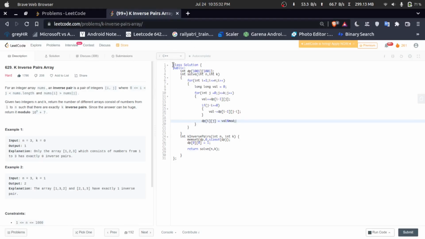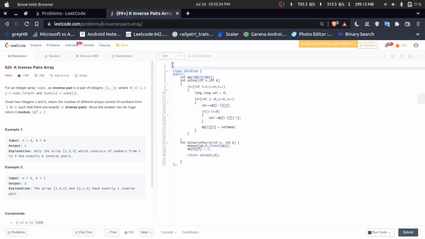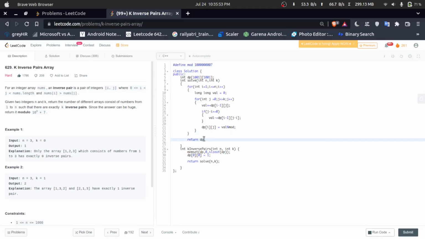So we'll have to initialize mod first. Define mod as 1 3 6 7 8, that one. So I'll have to return that value. After that, return dp of n of k.